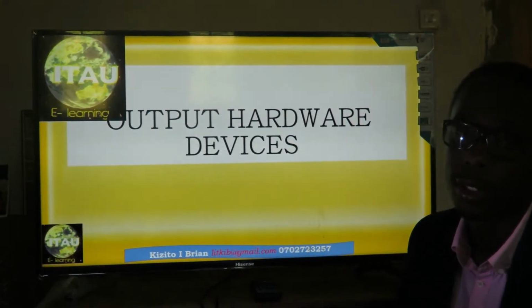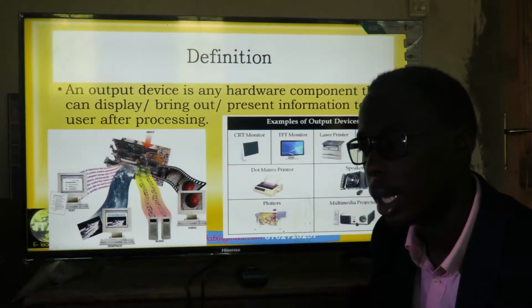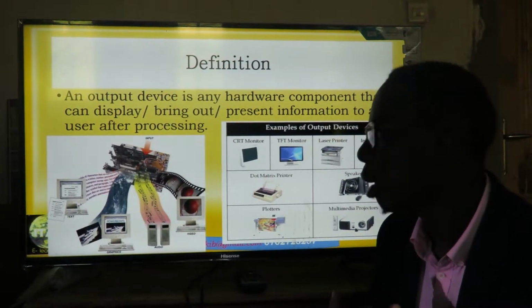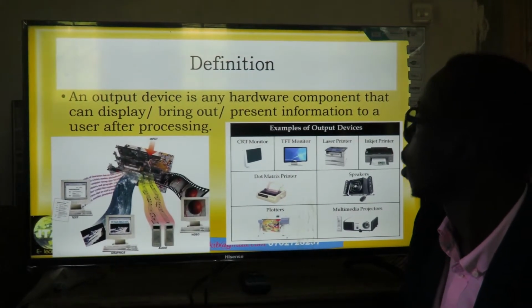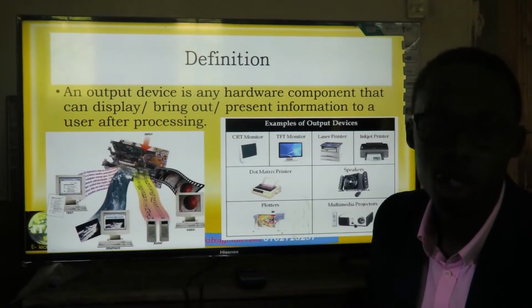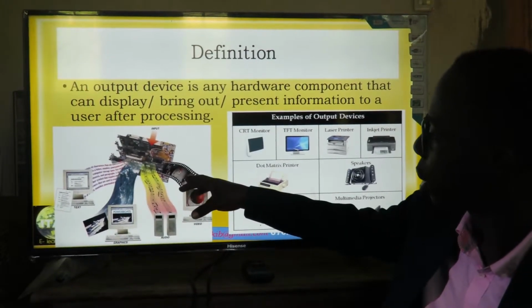Output hardware devices. These are devices that are used to display, to bring out information to the user. We shall define them as components of a computer that can display, bring out information to the user. You can take a look at them here.